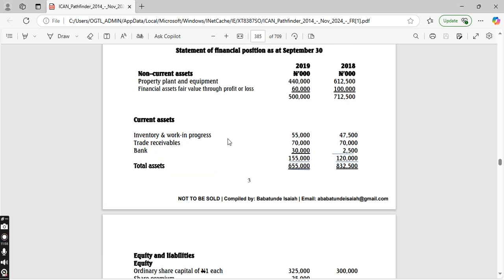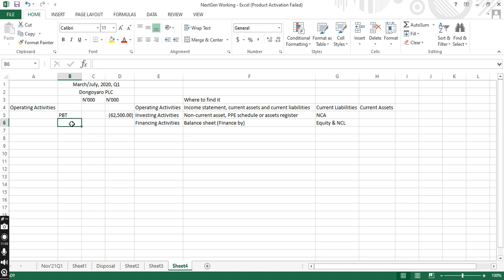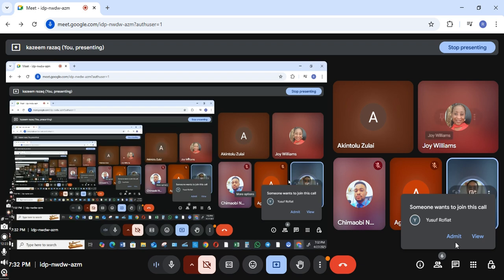We are to add back non-cash items, right? Add non-cash items. You can call it adjustment for non-cash items, or you can say addition of non-cash items.